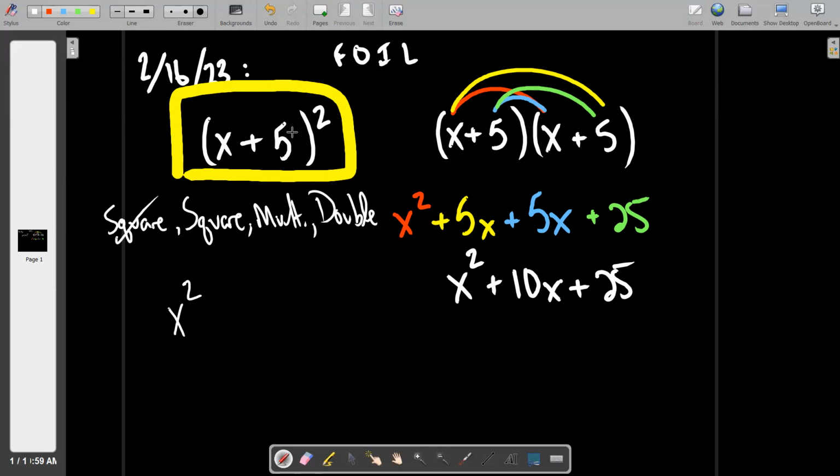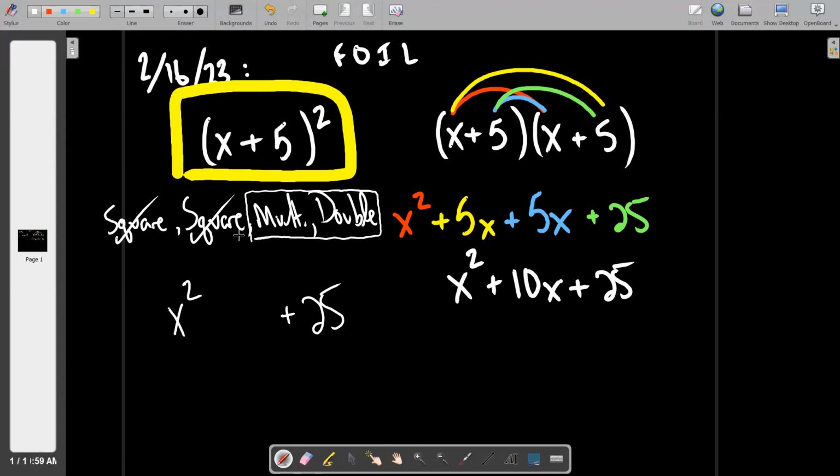The next thing we do is take the second item in our parentheses, which is a 5, and we square it. What do we get? Notice I'm going to leave a space before I put the plus 25. I can check square, square off my list. So square, square literally means to square the first guy, square the second guy. But when you get their answers, leave a little space in between. And this multiply, double is actually kind of like one step.